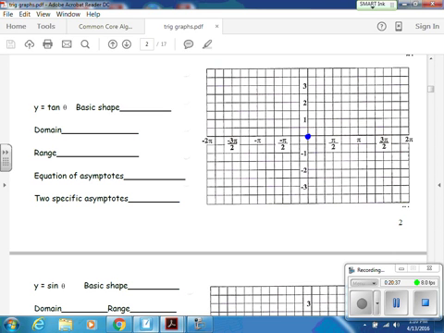Tangent at 90 degrees is undefined because you're looking at 1 over 0. When you put sine over cosine, you get 1 over 0. So look what happens. Tangent at pi over 2.